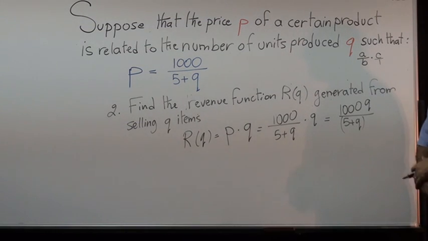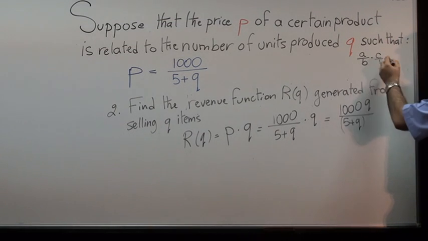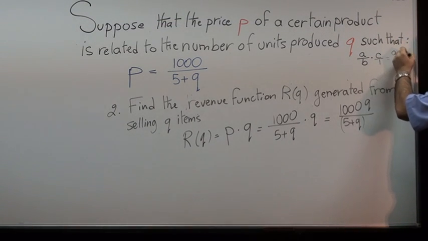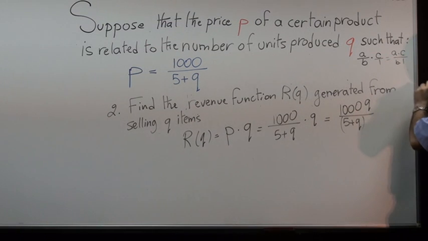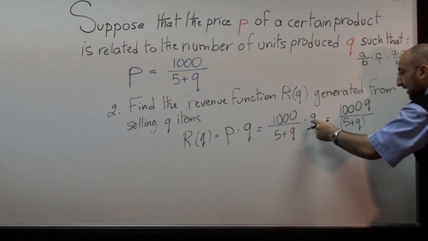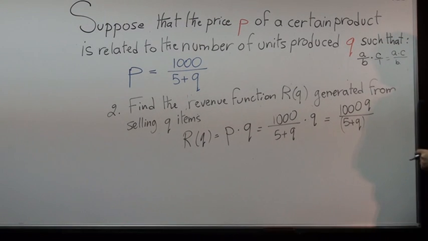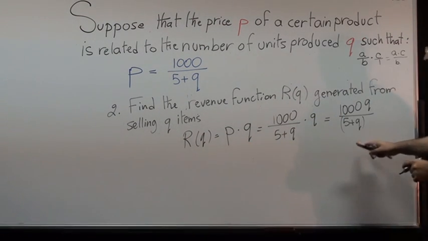When you divide it by 1, you get the same answer. And now you have a multiplication of two fractions, and so this is A times C over B times 1, which is basically B. And so the result for this is simply multiplying the numerator by Q, and we get 1000 Q over 5 plus Q, which is the revenue function as a function of Q.